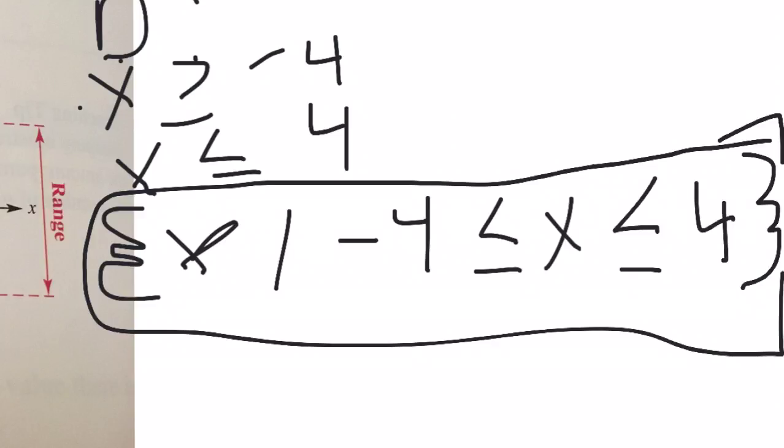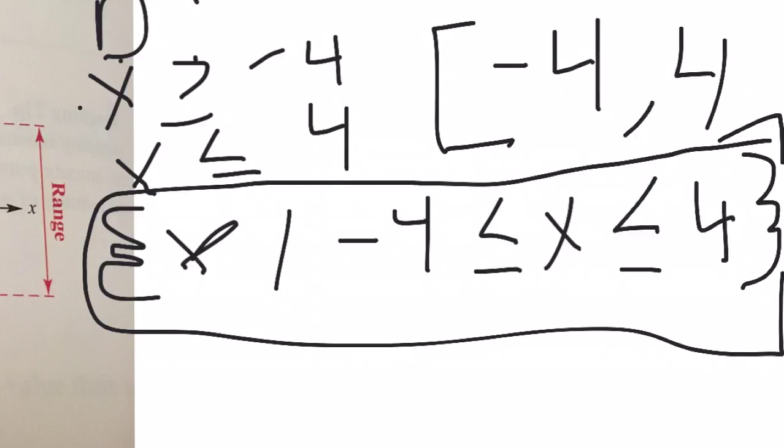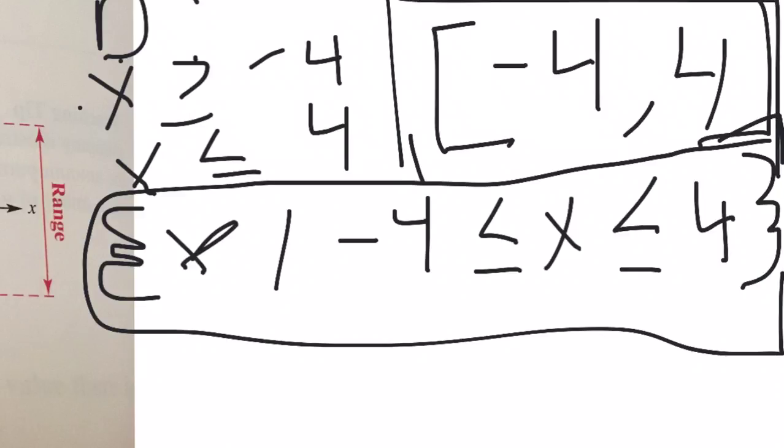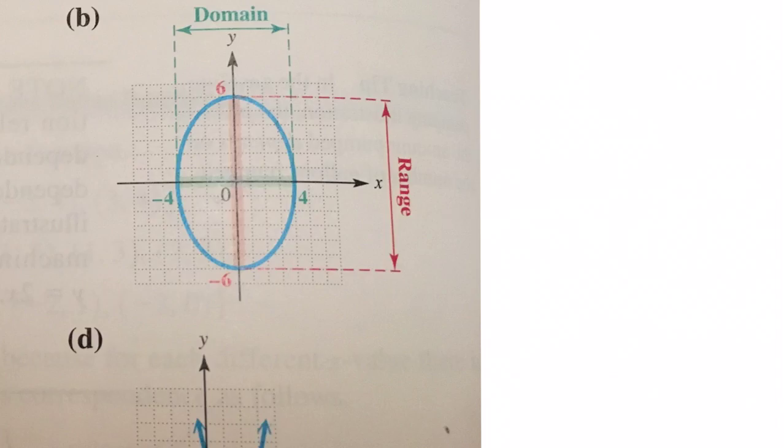Or, since it's less than or equal to, you could write it as brackets. From -4, since it does touch the -4, to +4. Since it also touches +4, you would do brackets around the +4. Either of those would work for domain.